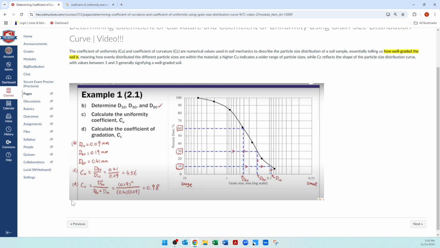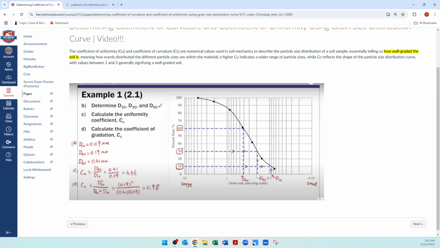Over here, what about the 30%? What diameter were the particles that pass at 30% passing? So let's go over here and find 30%, go across, go down, and you'll see that it is 1, 2, 3, 4.